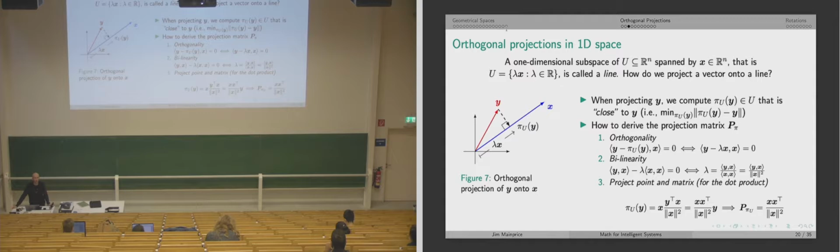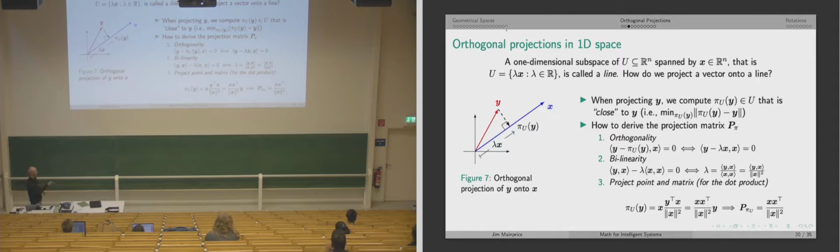So this should be quite clear, because the next step is just we're going to generalize that to projecting on sub-vector spaces using higher dimensional things. Is this okay? Like the reasoning?